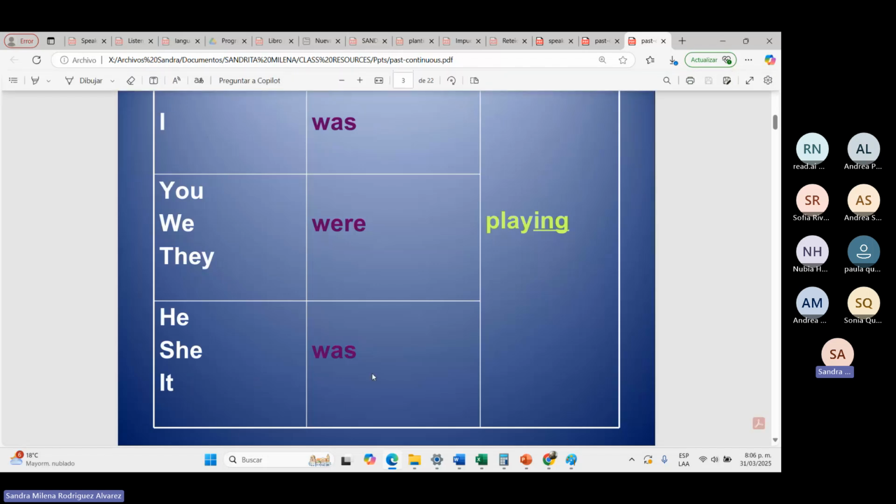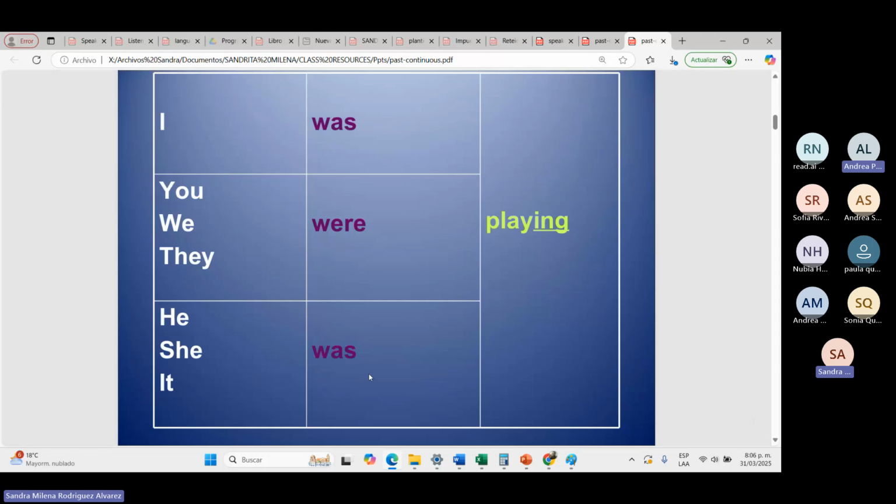The past of to be: for I, he, she, it it is was. It means for the singular subjects it is was, and for the plural ones it is were. And the verb with ing. In Spanish, it would mean, for example, I was playing, yo estaba jugando.